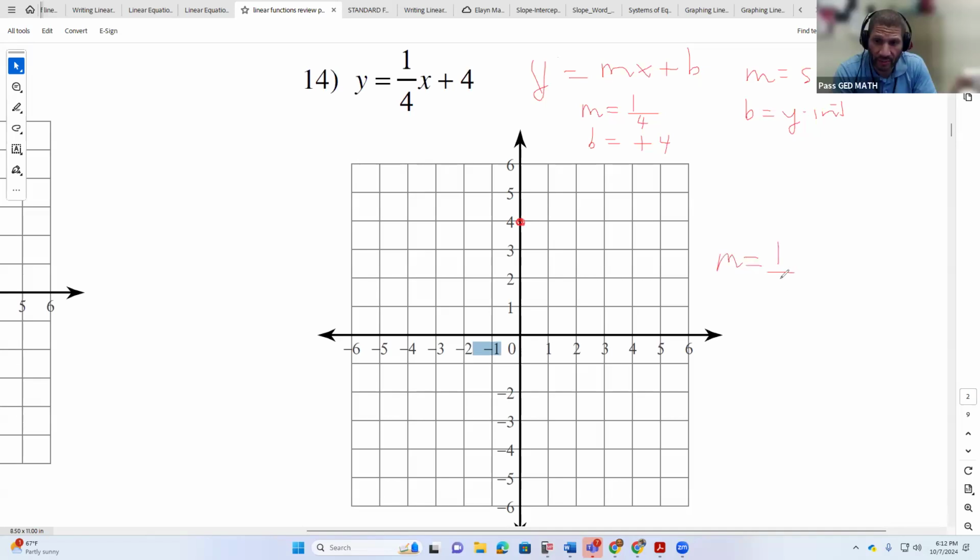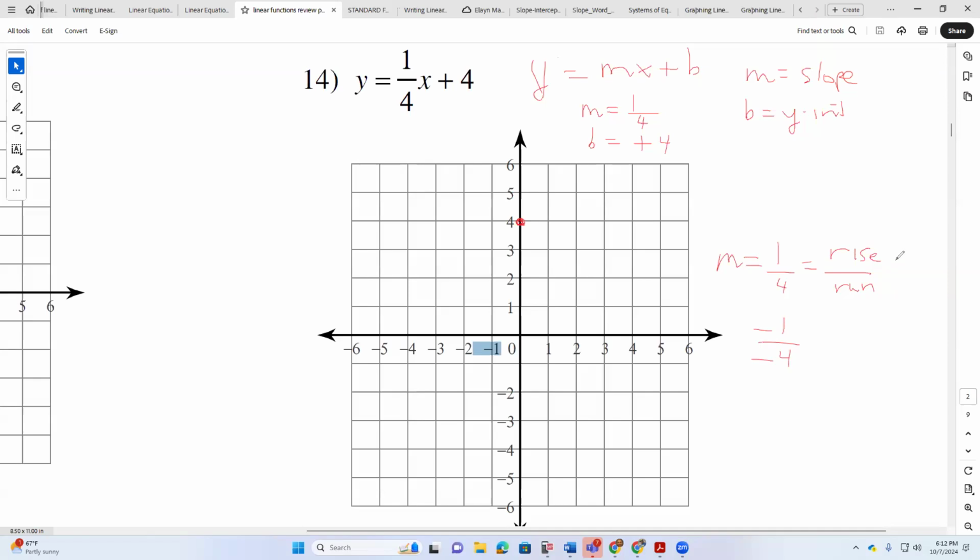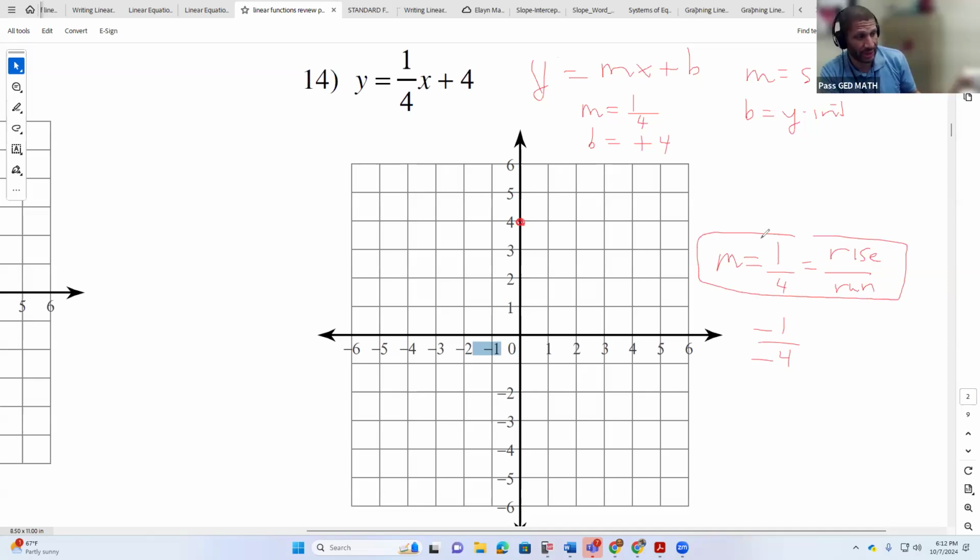Now the slope is 1/4. So what we have to remember about that is that's rise over run. This is giving us the roadmap to get to any other point on this line. I can either do -1 over -4 because two negatives make a positive, right? Right. So to get to any other point on this line, I have to go up 1 and over 4.